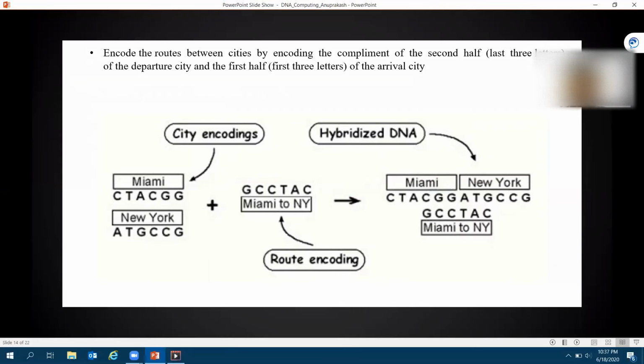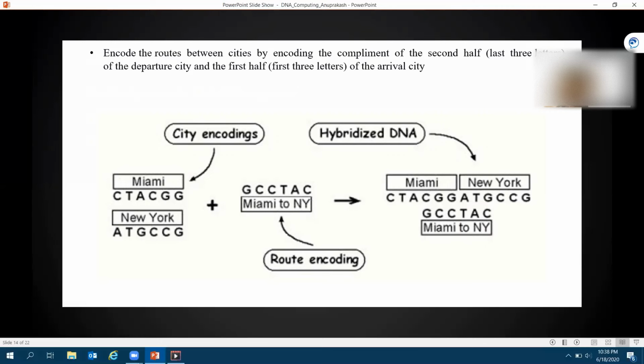Encode routes between cities by encoding the complement of the second half, the last three letters, of the departure city and the first half, the first three letters, of the arrival city. So for example, if our departure city is Miami and our arrival city is New York, the DNA code which we have written using the base pairs for Miami is CTACGG and for New York is ATGCCG.